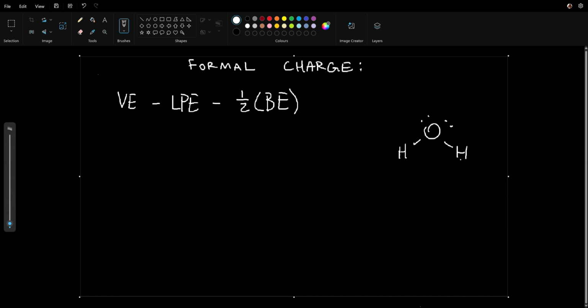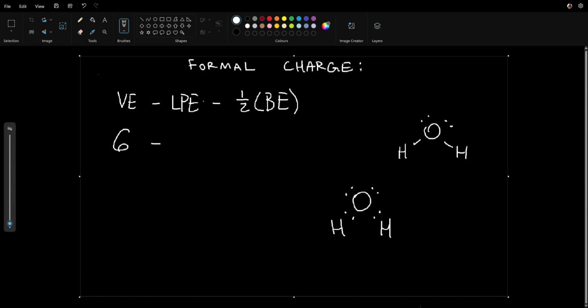So let's go through a separate example of oxygen. We're going to ignore the second hydrogen in this case because they will both have the same formal charge, as they both have the same number of valence electrons, lone pair electrons, and bonded electrons. So now if we look at oxygen here, we can redraw this as oxygen with lone pairs here, here, because oxygen has a full octet, right? What are oxygen's valence electrons? Well, it has 6 because oxygen is the 8th element on the periodic table.